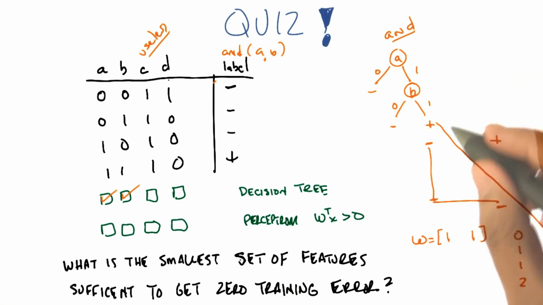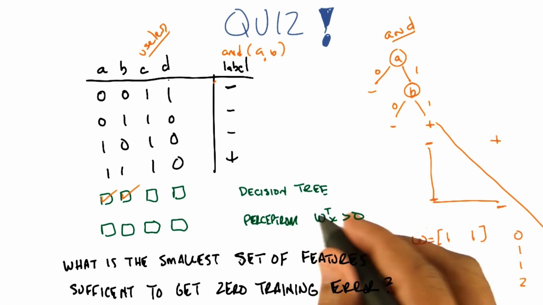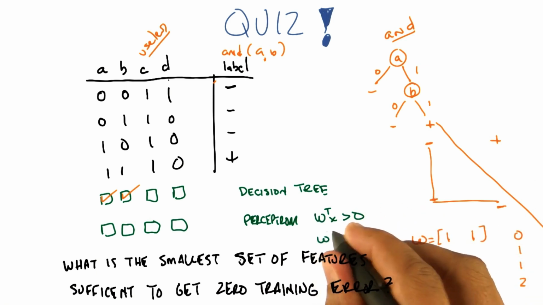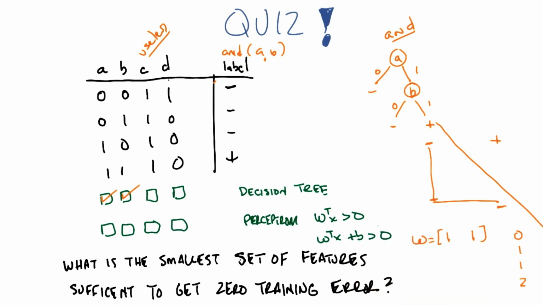So what we usually do in perceptrons is we include a bias unit, something that's all ones, and then that lets us move the threshold around. Right. So normally this would look like W transpose X plus B is greater than 0. But I didn't let you have that, so you can't have that.